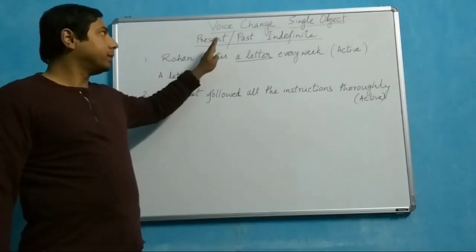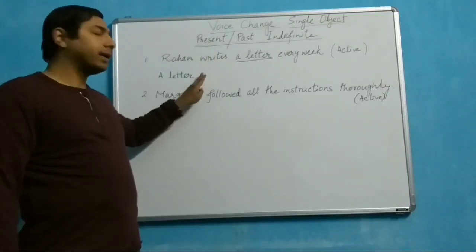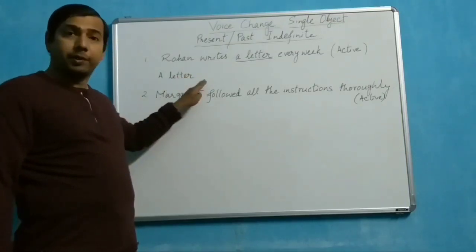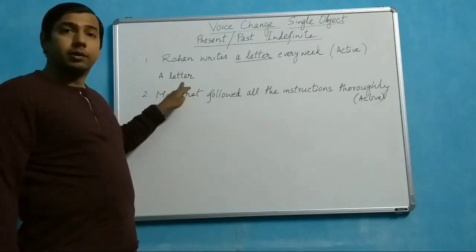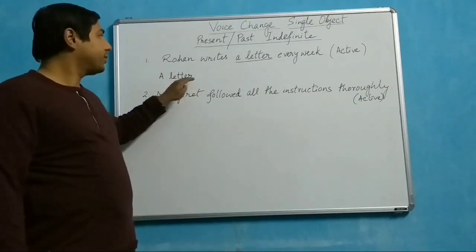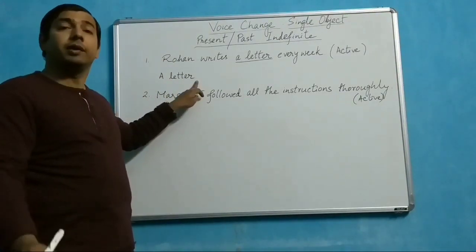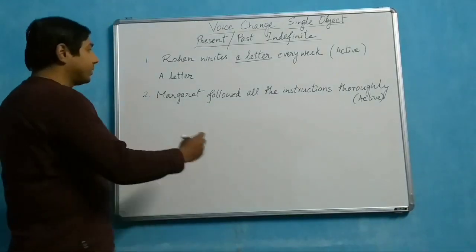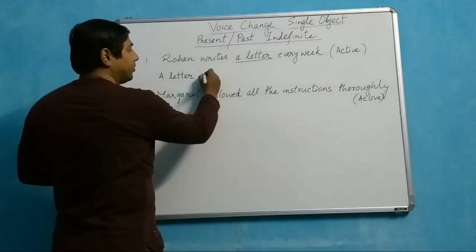In simple present, we need an auxiliary be verb. So, whatever that would be appropriate, that will be suitable. The compatible be verb for third person singular number in present tense is is. A letter is.